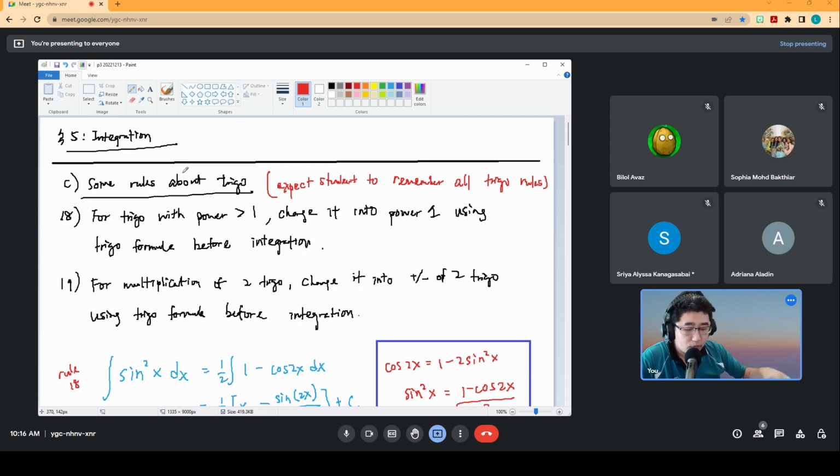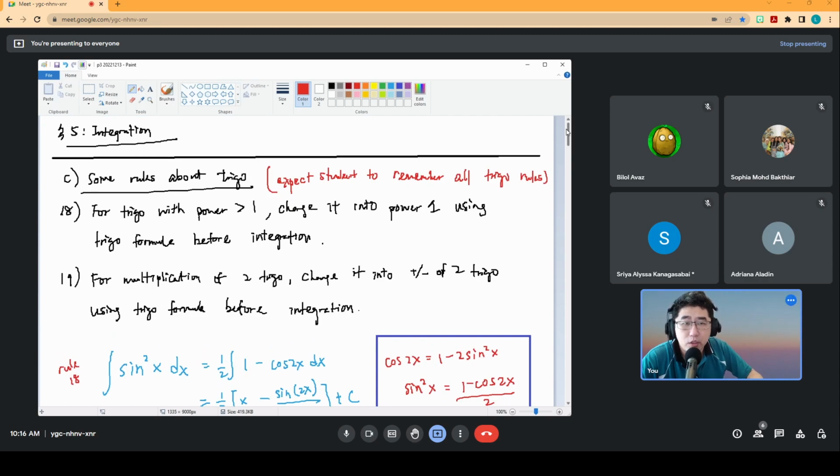So the difficulty of the question will increase one step at a time. Over here, students are already expected to know the formula for section A and section B. And now students need to know how to deal with the trigo questions.